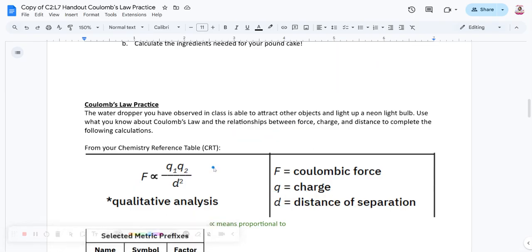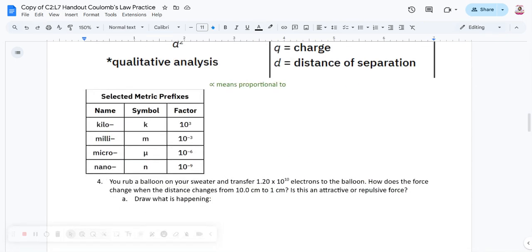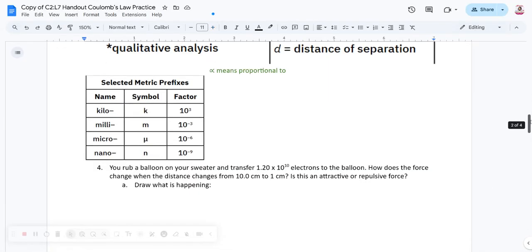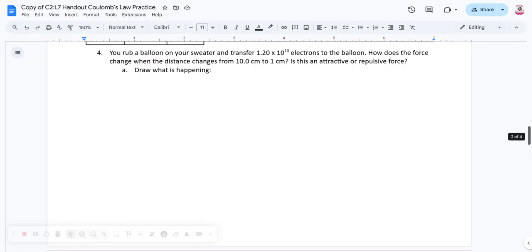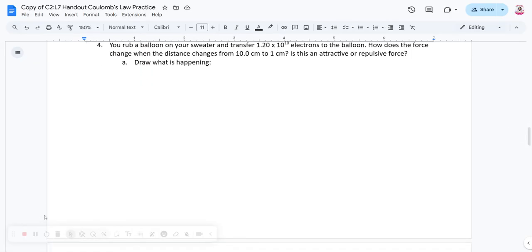So let's go ahead and keep taking a look down below. Let's use this example. If we look at this first example, you're going to come back and use these metric prefixes later on. What we have going on is that you take a balloon and you rub it on a sweater and a bunch of electrons transfer over, right? So imagine, let's draw our sweater.